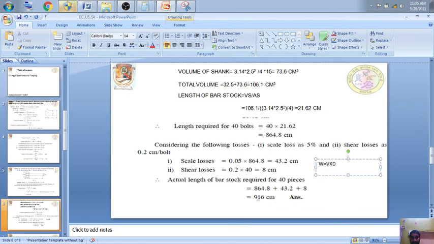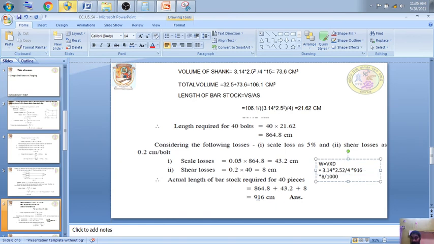Volume equals area into length. So the area is pi, 3.14, into d square, where the diameter of the bar stock is 2.5, so 2.5 square divided by 4, multiplied by the length, which we found out as 916. Then multiplied by the density, which we are assuming as 8 divided by 1000.